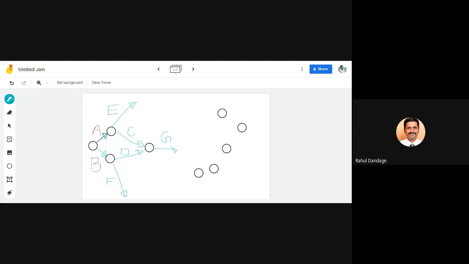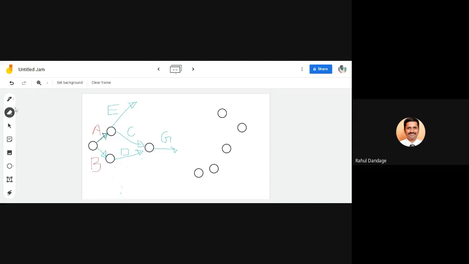H depends on what? G and F. Correct? Again, the question is the same. G is somewhere else. F is somewhere else. They are not together. Correct? So, again, what I have to do is I should club them. So, I'm just removing this F part.